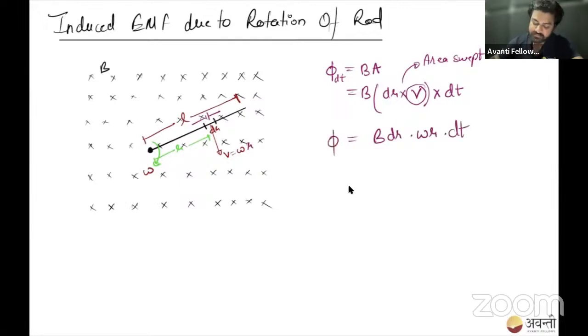This is the flux in dt time for a small section dr. For the whole rod we have to integrate, because the whole rod will have different flux cuttings. When we find EMF, EMF is d phi by dt.